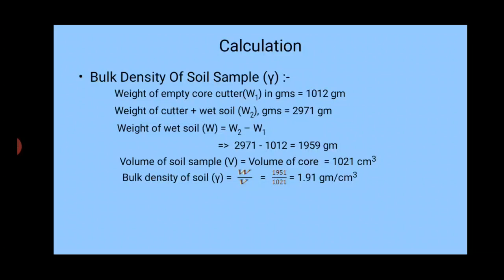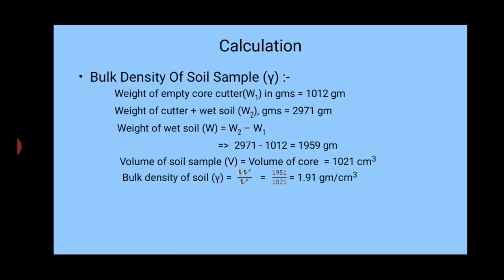We have already calculated the volume of the soil sample, which is equal to the volume of the core, that is 1021 centimeter cube. Then the bulk density of soil is calculated as the weight of moist soil divided by the volume of the soil sample, that is equal to 1.91 gram per centimeter cube. So for this soil, the bulk density value is 1.91 gram per centimeter cube.